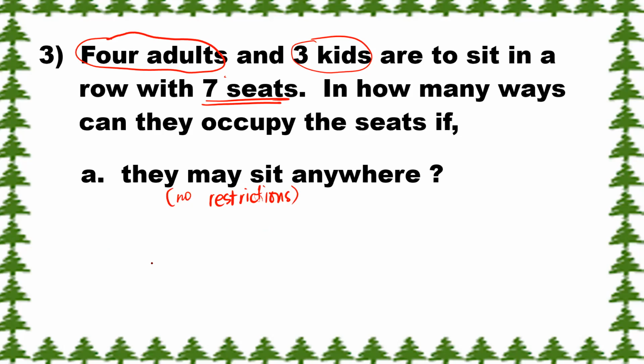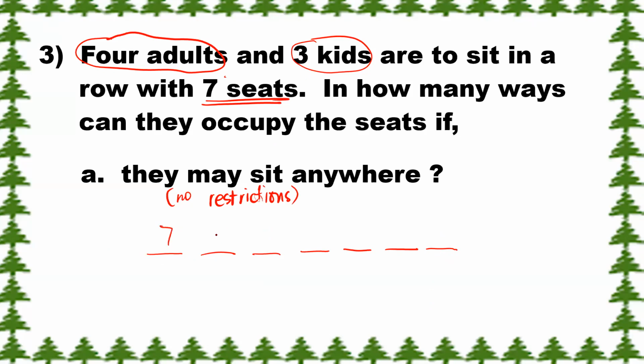That is the case if they may sit anywhere, using the box method. This is a box method. I'm only drawing lines, but it's a box method. 1, 2, 3, 4, 5, 6, 7. How many of us are there in all? If they may sit anywhere, 4 plus 3 is 7.